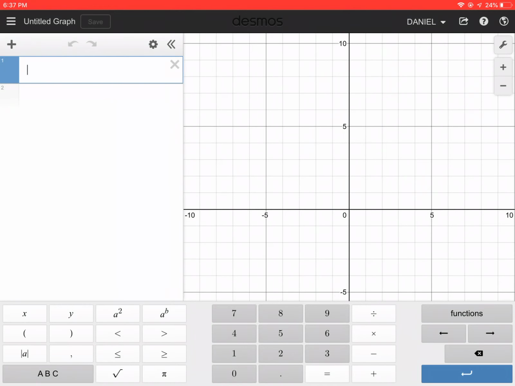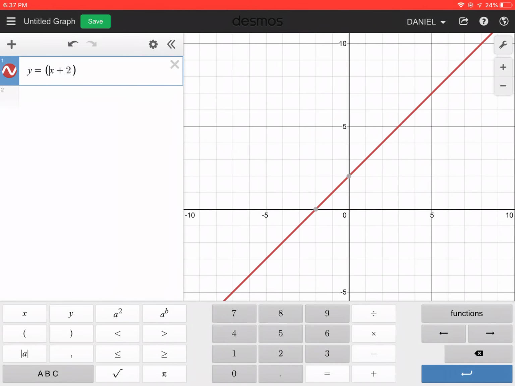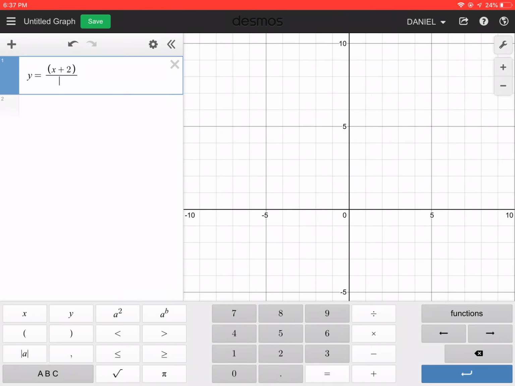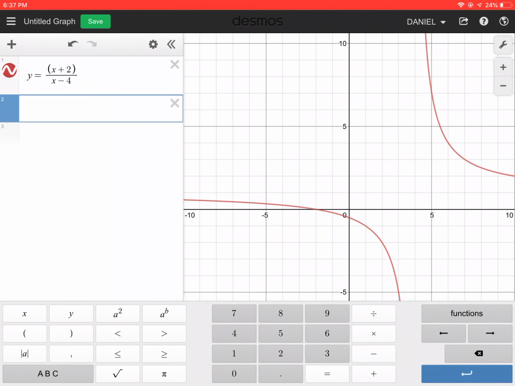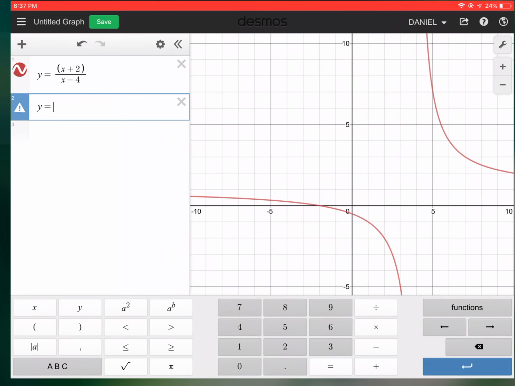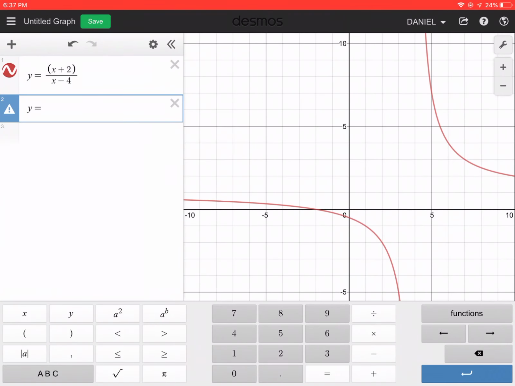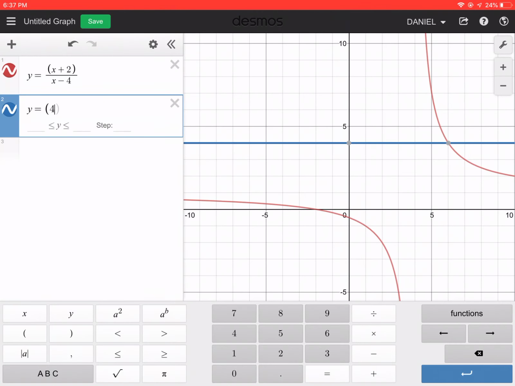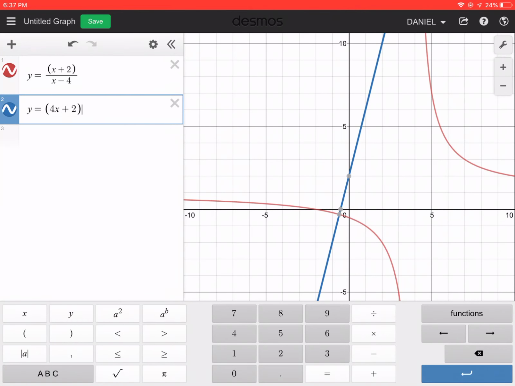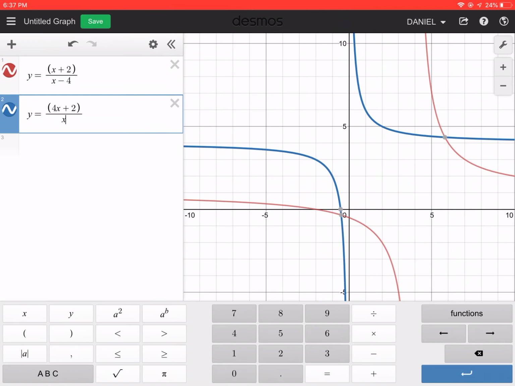Alright, first function, y equals x plus 2 divided by x minus 4. Y equals 4x plus, I'm sorry, I gotta look back real quick, 4x plus 2 divided by x minus 1.